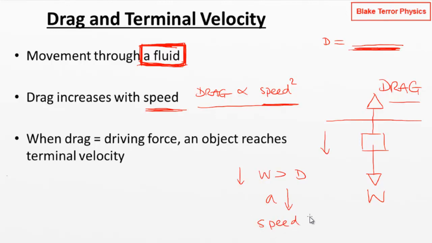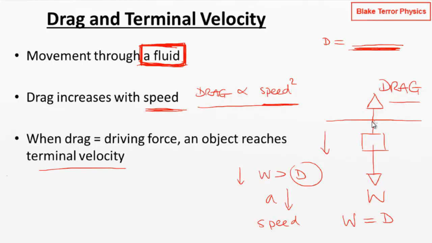So the speed goes up, which means that the drag will go up. And eventually the drag will keep on increasing until it's equal to the weight. When the weight and the drag are equal to each other, we've then got no acceleration. We've reached this equilibrium, and then according to Newton's first law, of course, we've got no net force acting on the object. It's just going to continue at this same velocity. This is the terminal velocity.